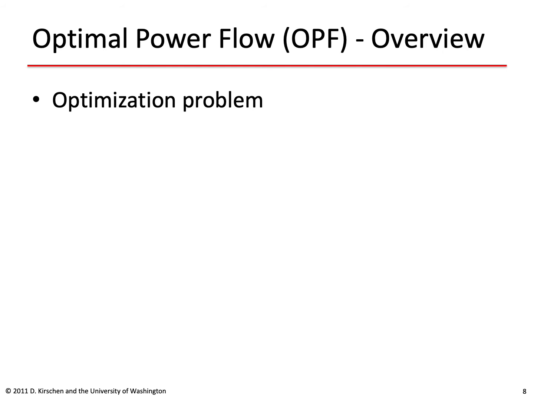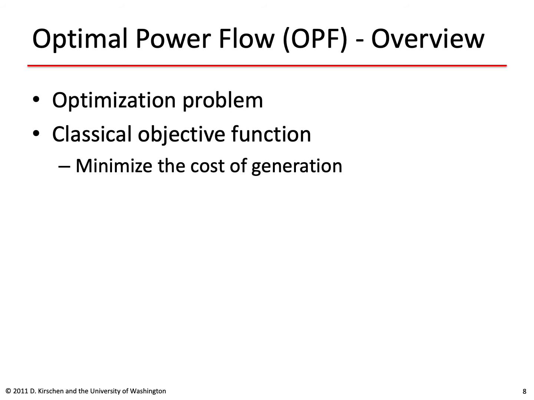The OPF is an optimization problem, and as any self-respecting optimization problem, it has to have an objective function. Now, many different kinds of objective functions can be defined for the OPF, but a classical one is to minimize the total cost of generation, meaning the sum of the cost of all the generators.